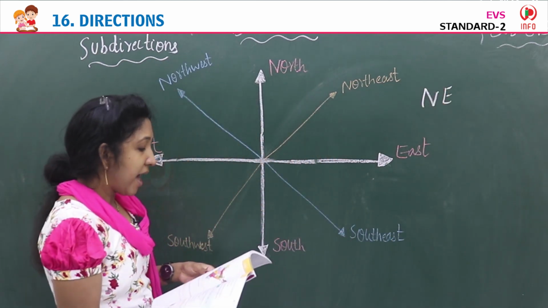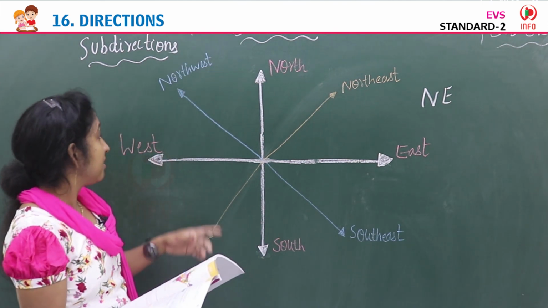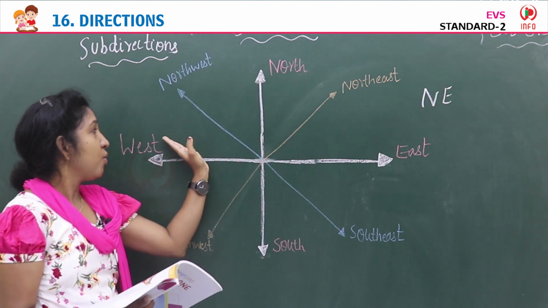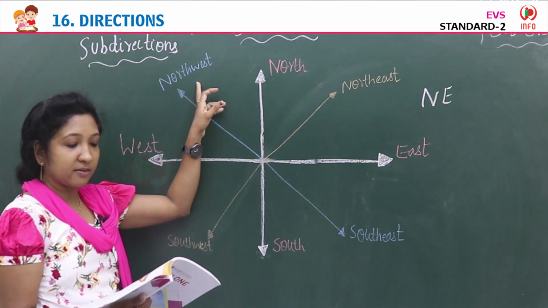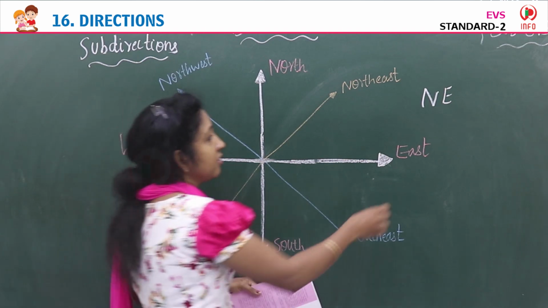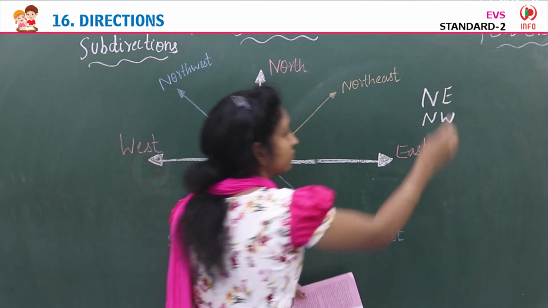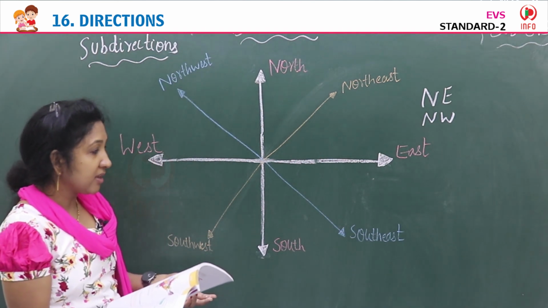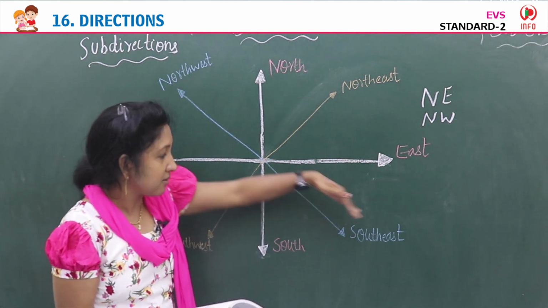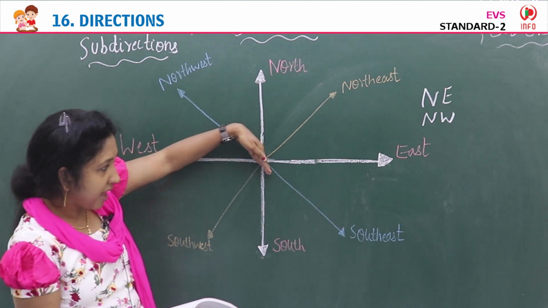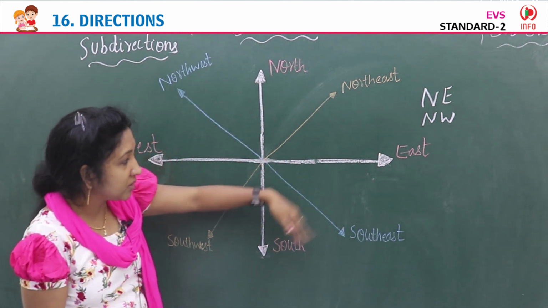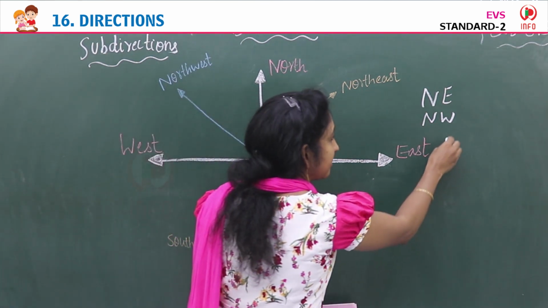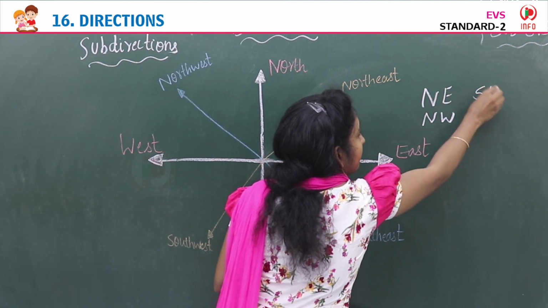Halfway between north and west is northwest, NW. Halfway between south and east is southeast, or we can say SE.